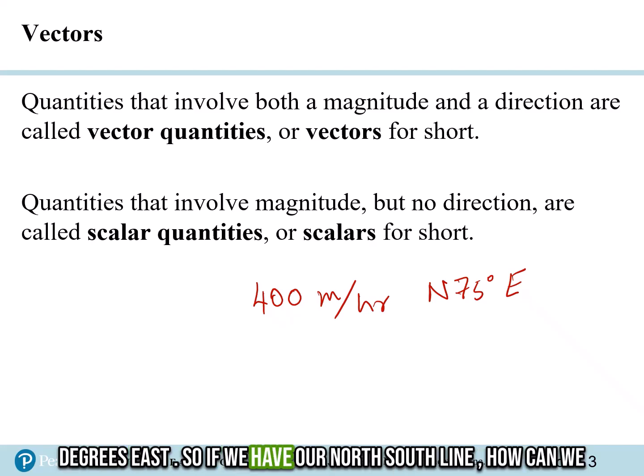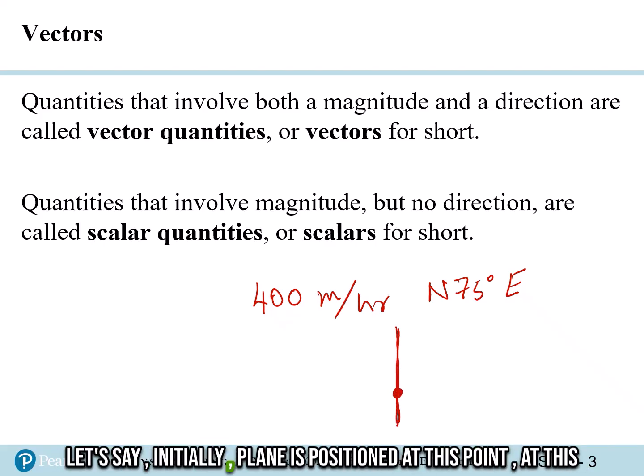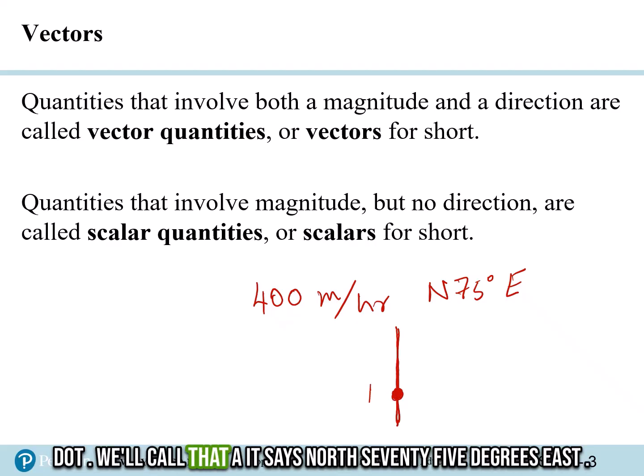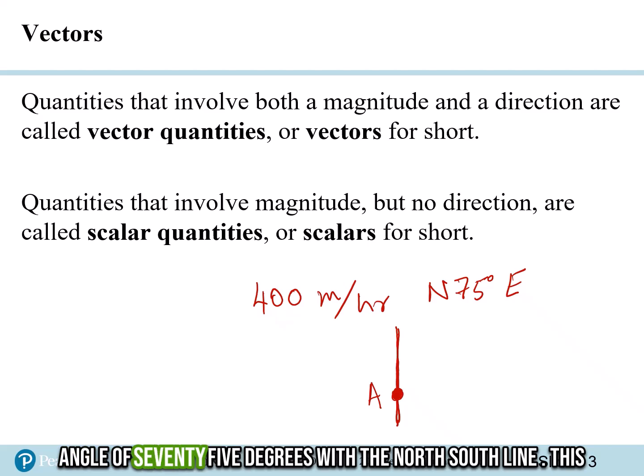So if we have our north-south line, how can we put this information together? We have our north-south line. Let's say initially the plane is positioned at this point, at this dot. We'll call that A. It says north 75 degrees east. That's the direction of the flight. So that means it makes an angle of 75 degrees with the north-south line.